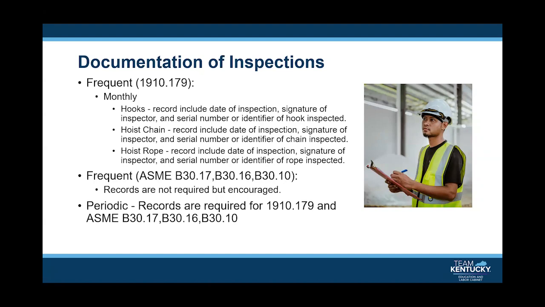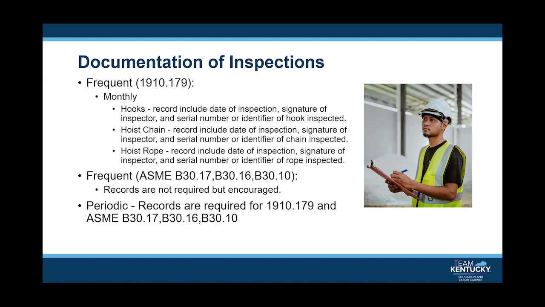In terms of documentation, 1910.179 requires that the inspection of the hooks, the hoist chain, and hoist rope be documented at a minimum during a frequent inspection, and that the document include the date of the inspection, information that identifies the item, such as the serial number, and the signature of the inspector.